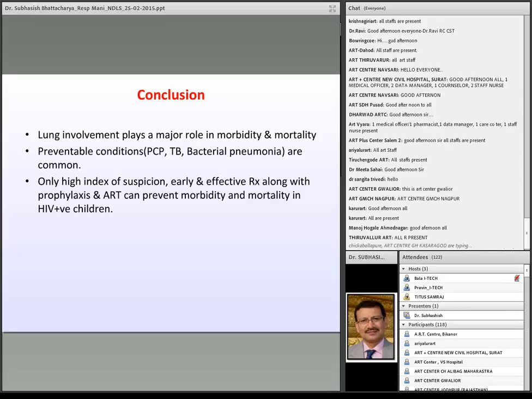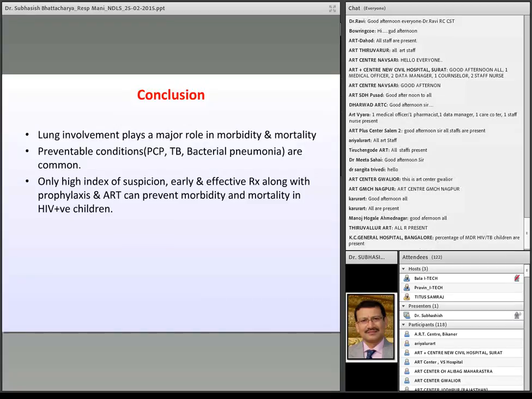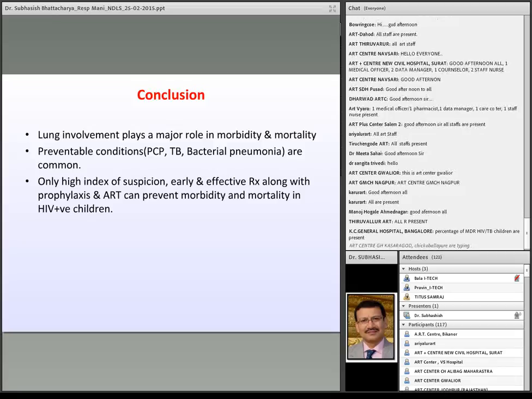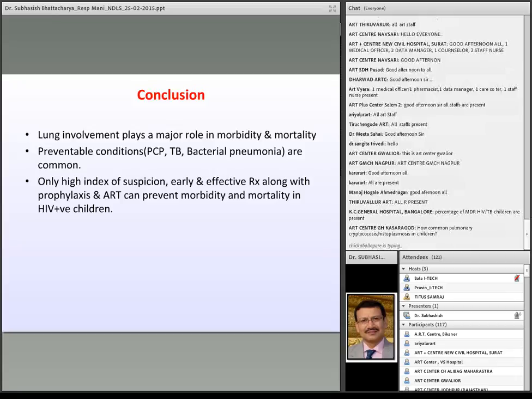We all know that cotrimoxazole prophylaxis for PCP should be offered to all newborn babies exposed to HIV, started immediately, and the child should be offered it till 5 years of age, and even after 5 years it can be continued for some time, because cotrimoxazole not only prevents Pneumocystis jirovecii, it also prevents a host of other bacterial infections in HIV positive children.